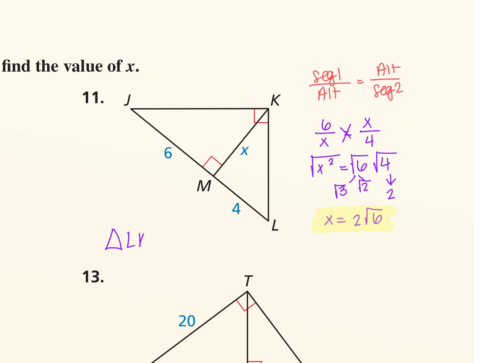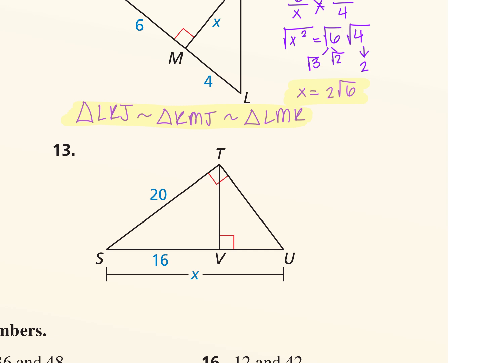Triangle LKJ is similar to triangle KML or KMJ, which is similar to triangle LMK. Again, we could have these mixed up in a different order. You could have the letters written in a different order, as long as it's the same pattern between everything.